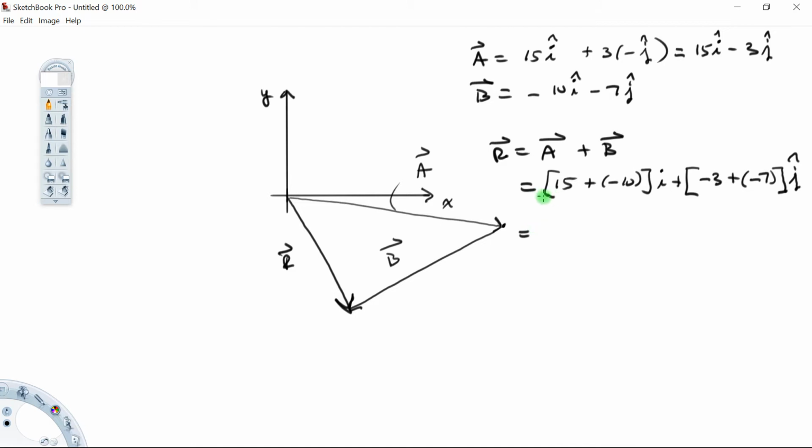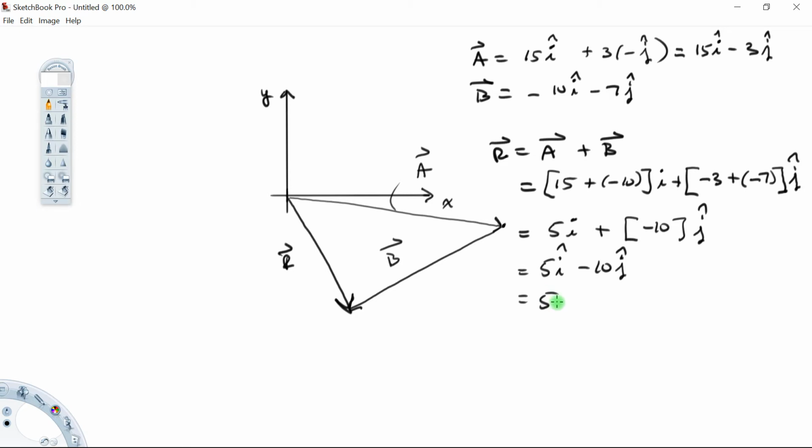Okay, and now we just simplify. 15 minus 10, 5i, plus, negative 3 plus a negative 7 is negative 10, and then j. I don't really need these parentheses. We could write this a couple different ways. 5i minus 10j is fine.